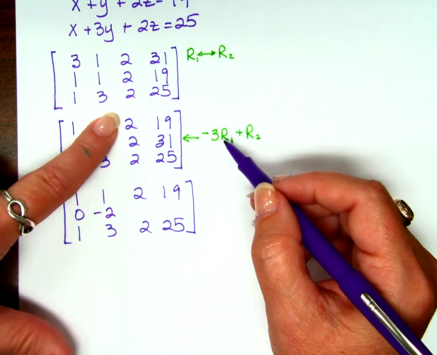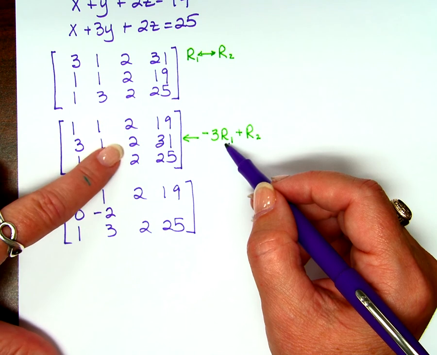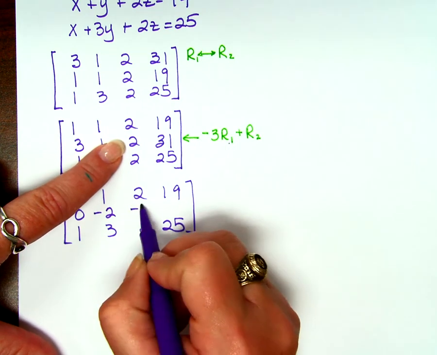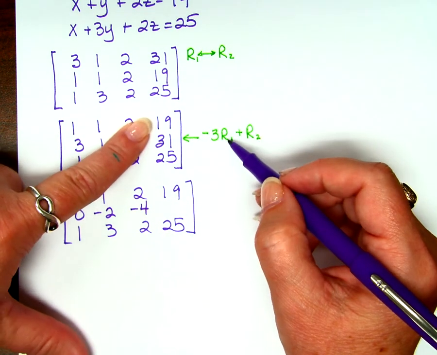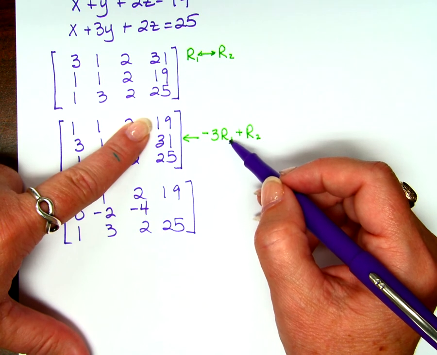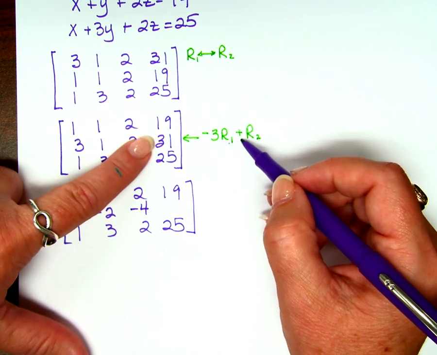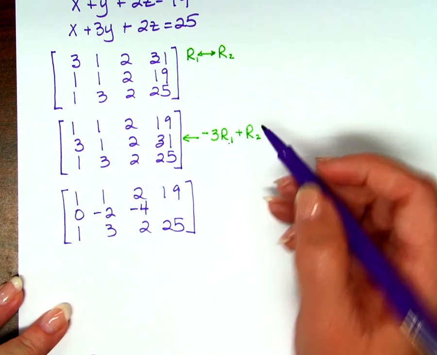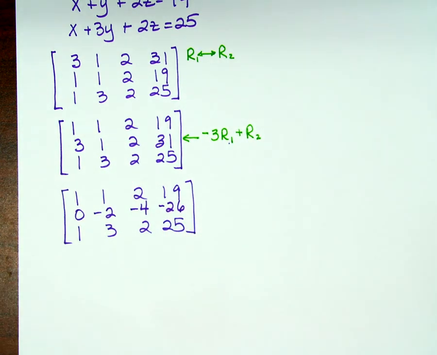And then 2 times -3. -6 plus 2. -4. And then 19 times -3. Plus 31. Okay?